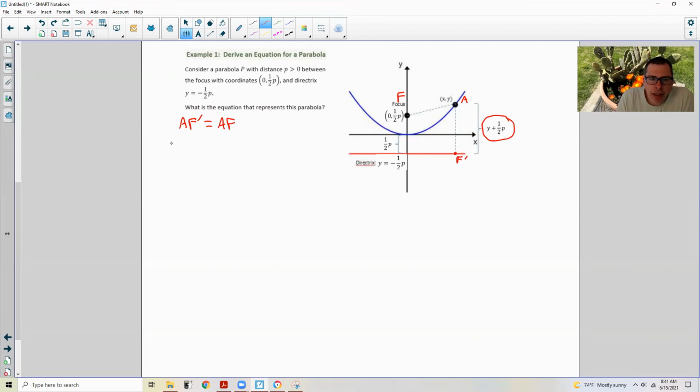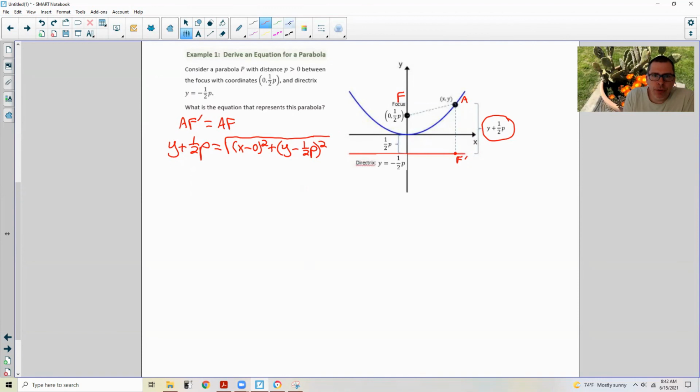So then I'll replace that with y plus 1/2 P equals, and the distance AF is the square root, the distance formula, of x minus x1, which is x minus 0, squared, plus y minus y1, which is y minus 1/2 P, squared. Okay, so there's the formula.